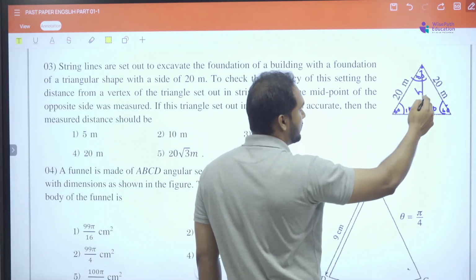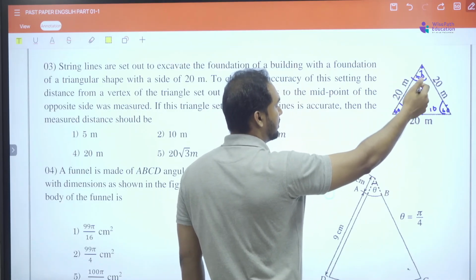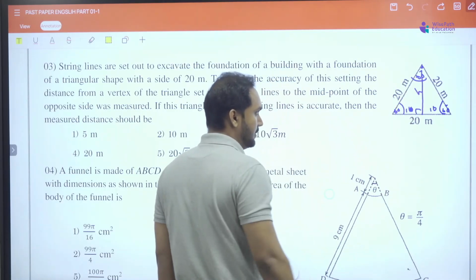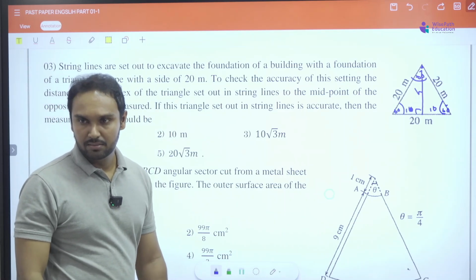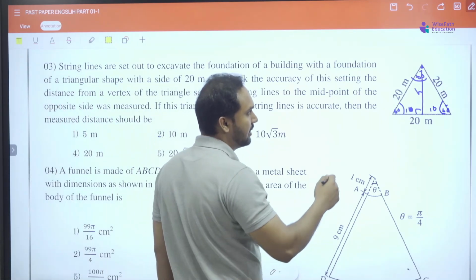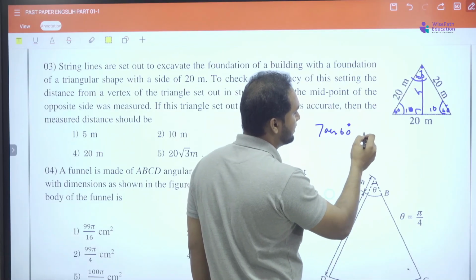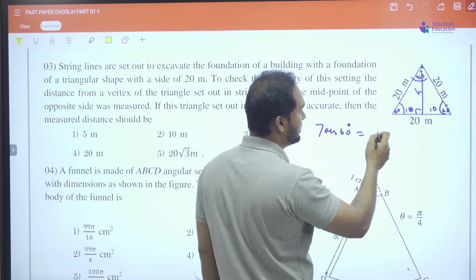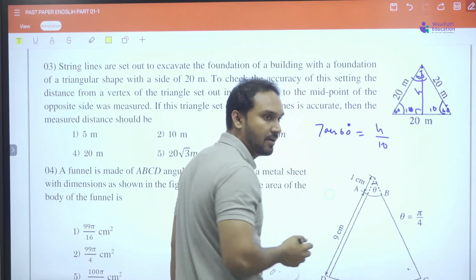You have opposite, adjacent, or you can take the opposite and hypotenuse as well. Anything. We'll take the opposite and adjacent. So tan 60 equals opposite over adjacent, which is h over 10. Tan 60 is how much?